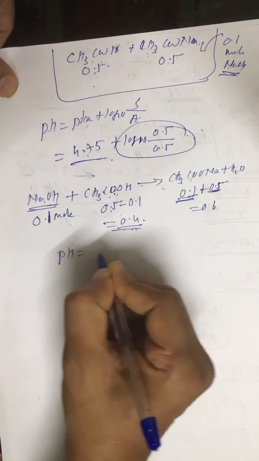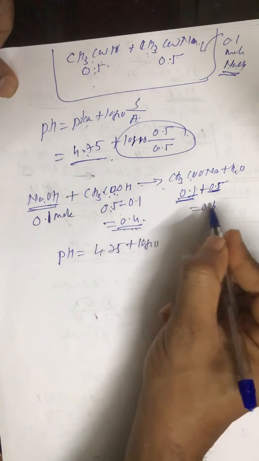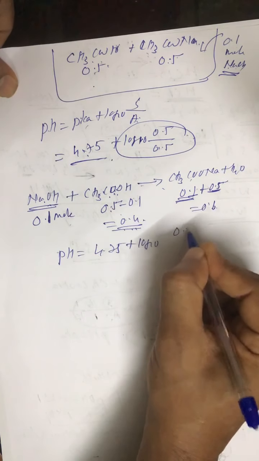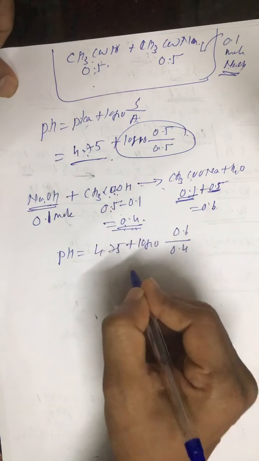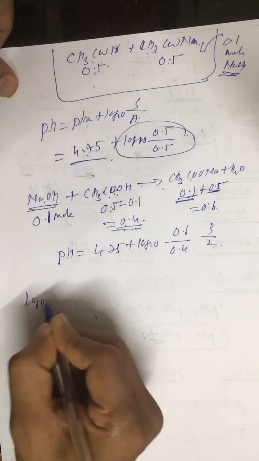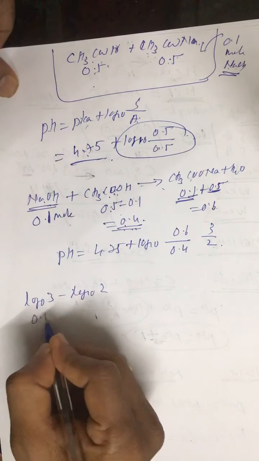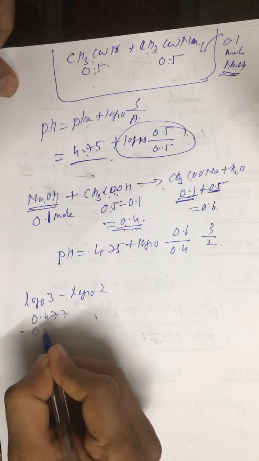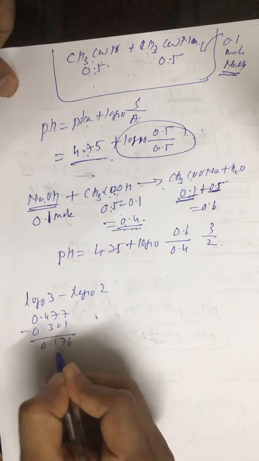So now pH is equal to 4.75 plus log of salt value 0.6 over acid value 0.4, or you can say it is 3 by 2. So it is log 3 minus log 2. It is 0.477 minus 0.301, that is equal to 0.176.